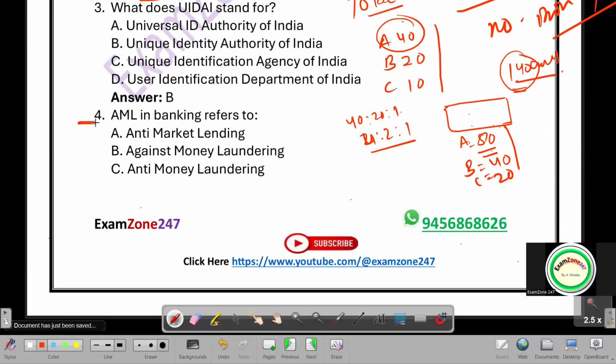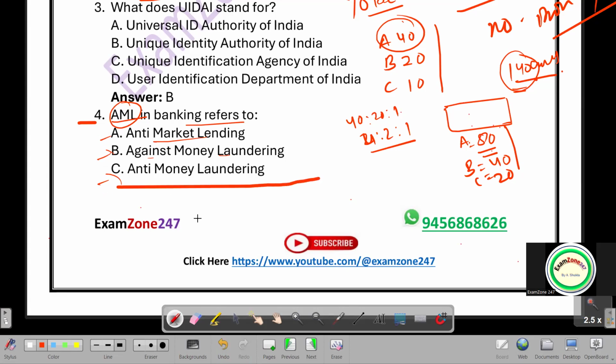See, question number 4. AML in banking refers to: option A, anti-market lending, against money laundering, anti-money laundering, or others. Yes, clearly it is anti-money laundering, but I am asking what is the act related to this?